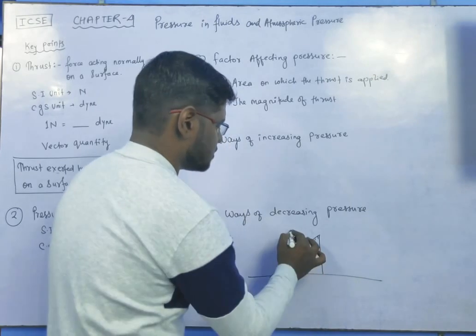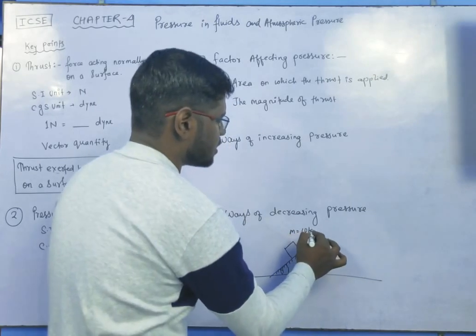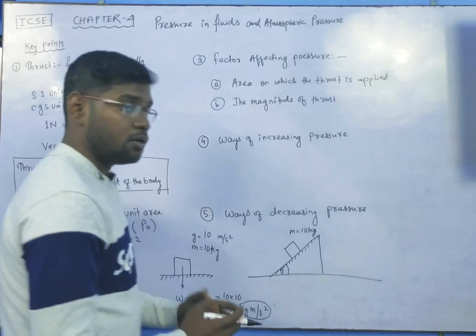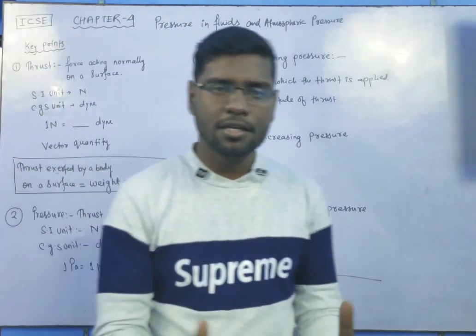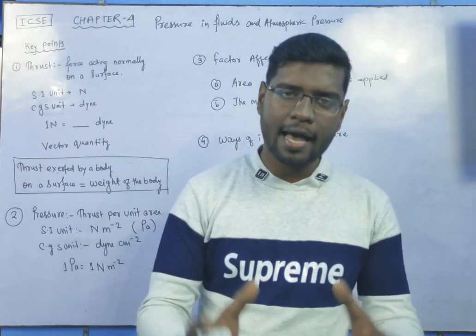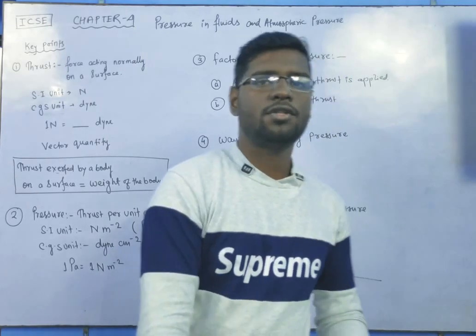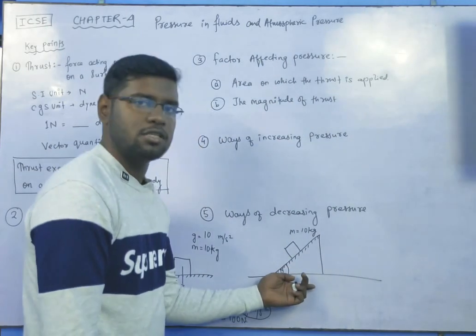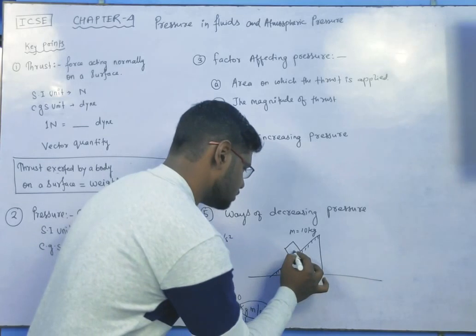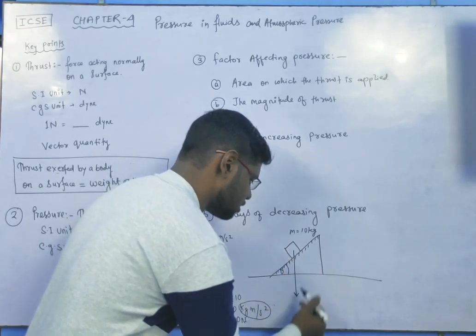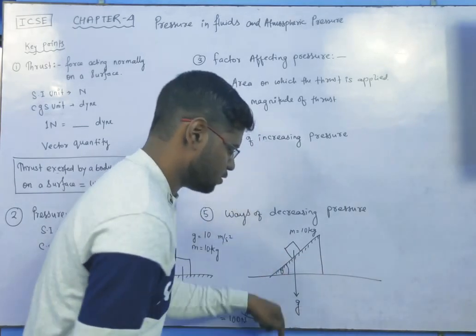What is the mass? Same mass we will take here, that is 10 kg. And we know that acceleration due to gravity always acts towards the center of the earth. So definitely the direction of g will be downward.